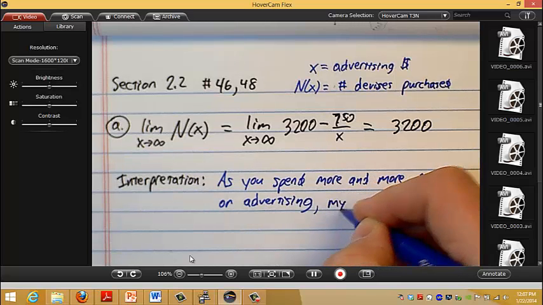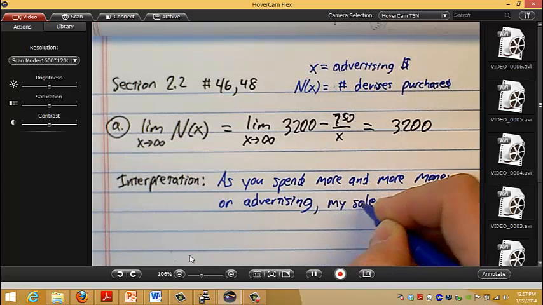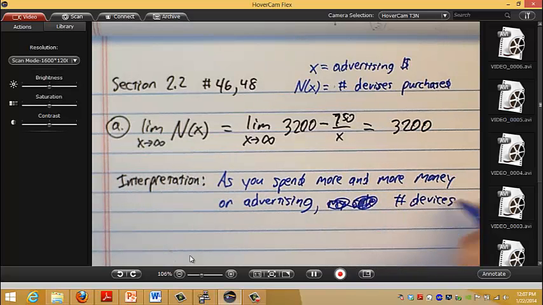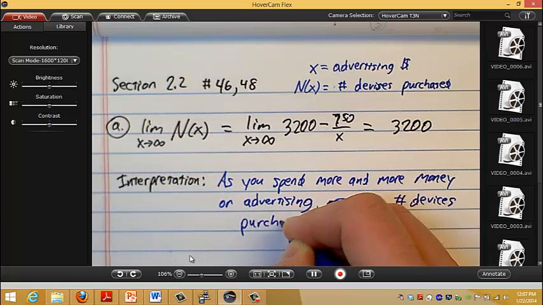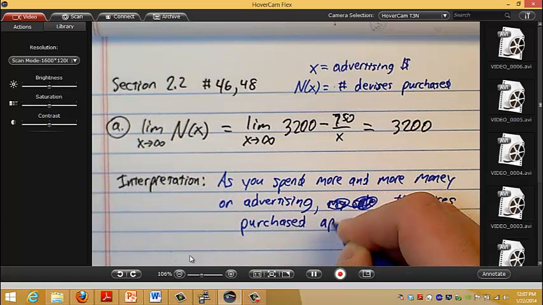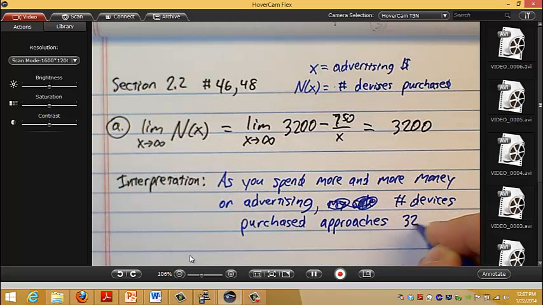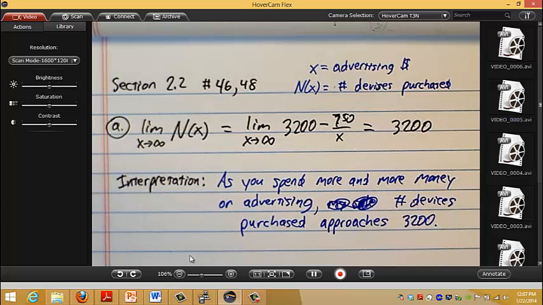So I would say my number of devices purchased approaches 3,200. It doesn't mean you spend infinitely. So, do you want to spend infinite amounts of money? Not in this situation. There comes a point where you say, oh, wait a minute, that's enough, because I realize that spending more money doesn't yield many more purchases.